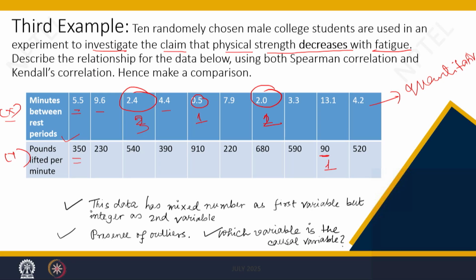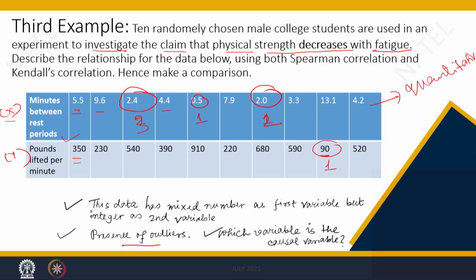Okay, and there is one more point, the presence of outliers. You can see that 90, as compared with the other observations, is quite extreme, so we can tag it as an outlier. Okay, which variable is the causal variable, X or Y?